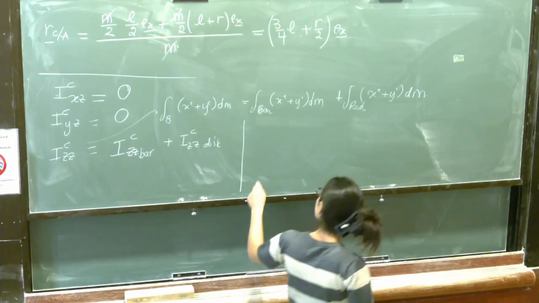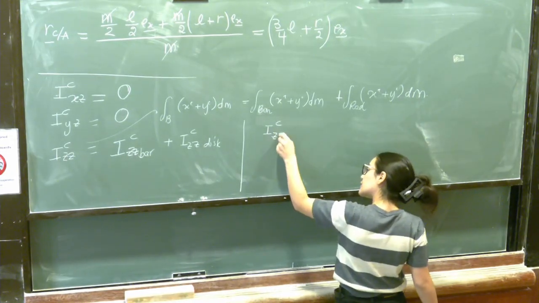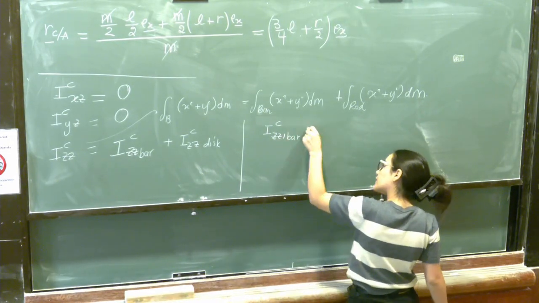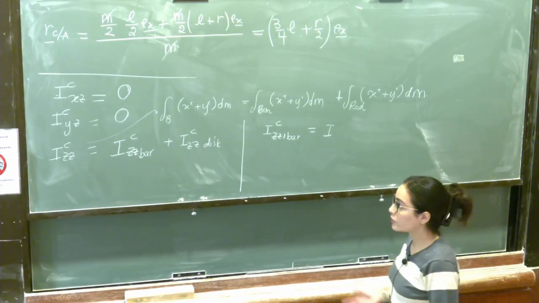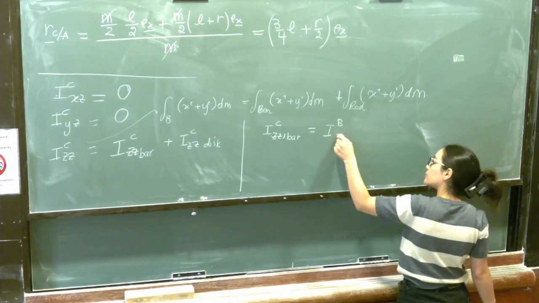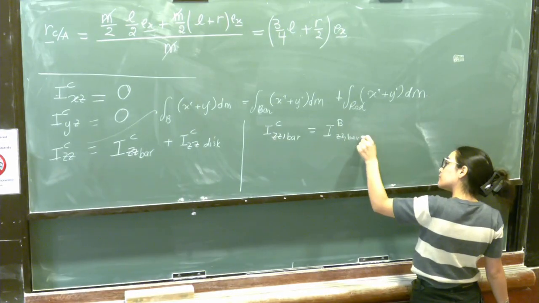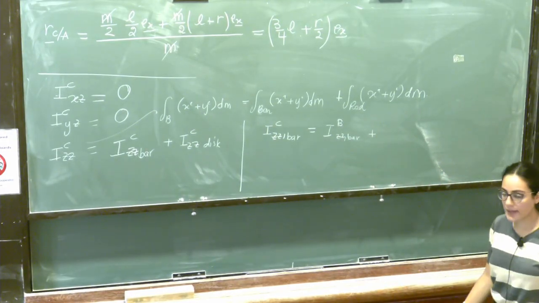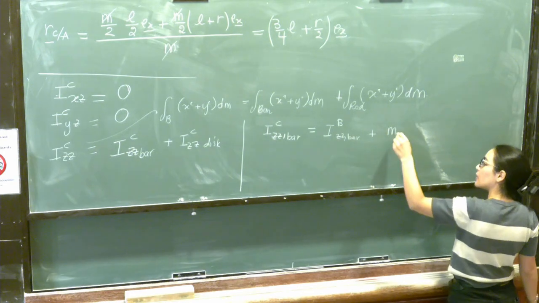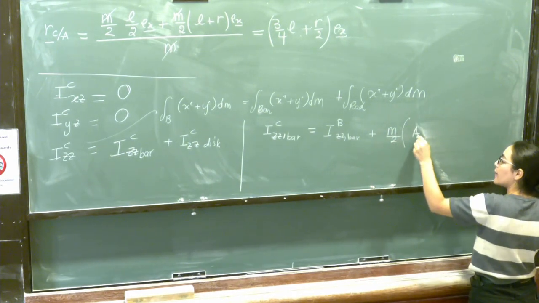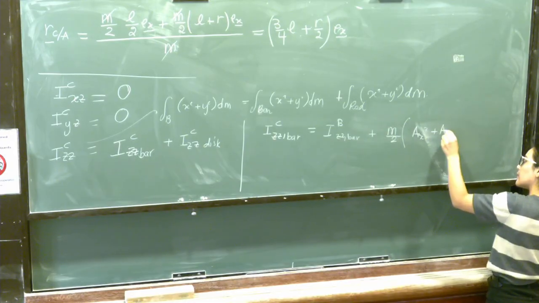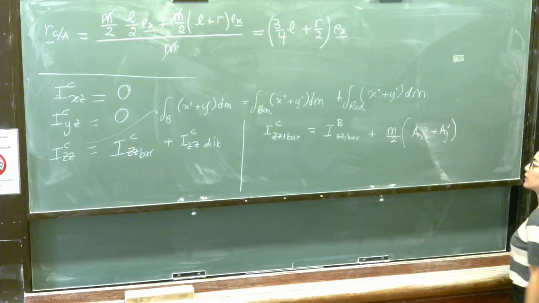So ICZZ of the bar is equal to the moment of inertia of the bar about its own center of mass, which is B, plus the parallel axis theorem term: m over 2 times AX squared plus AY squared of the bar.